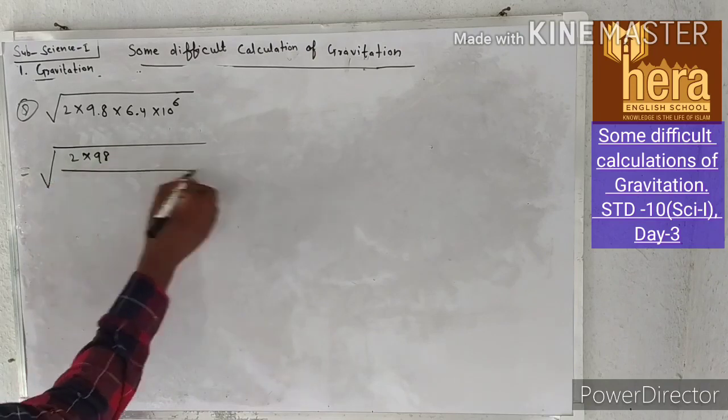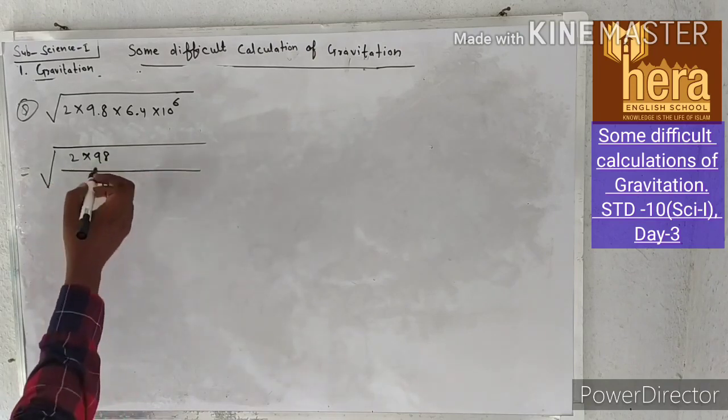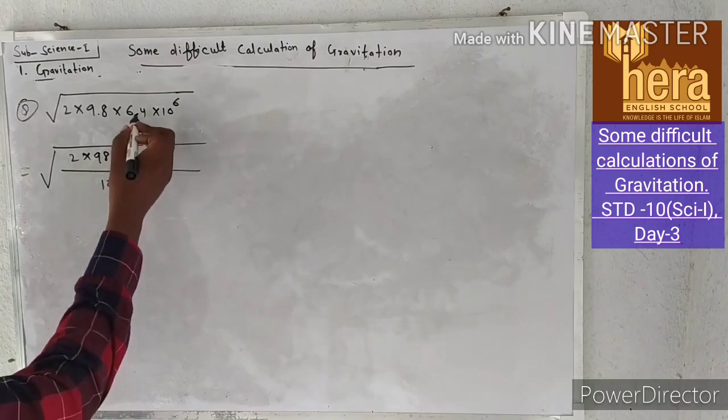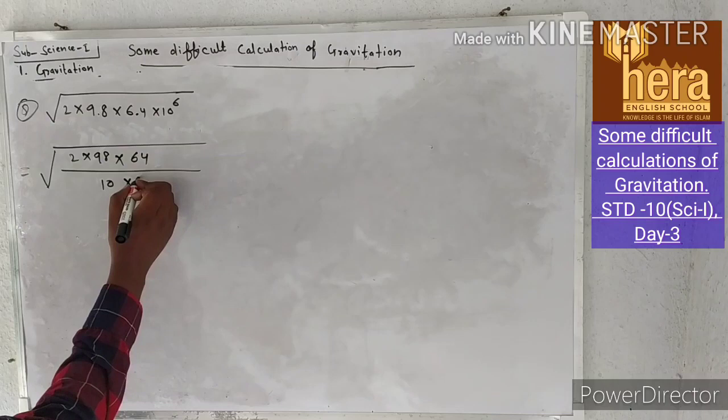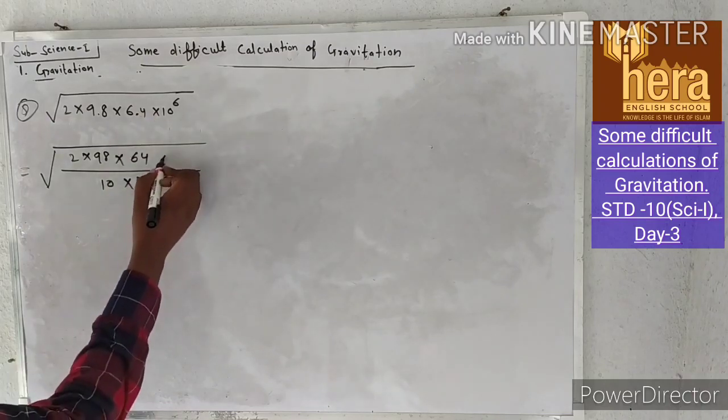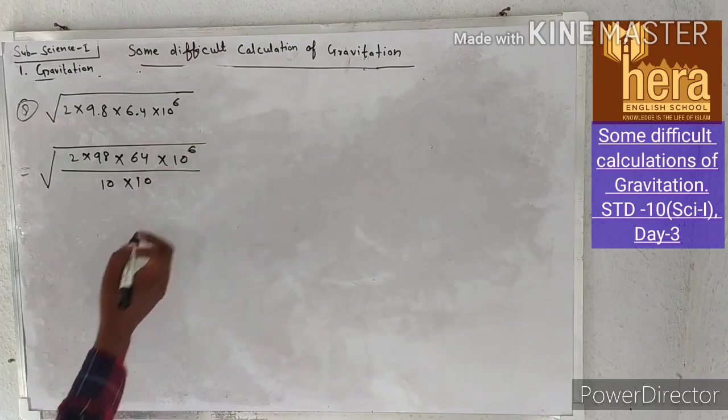98 upon 10, 64 into, if you remove the decimal from here, you will write here 10, into 10 raised to 6.